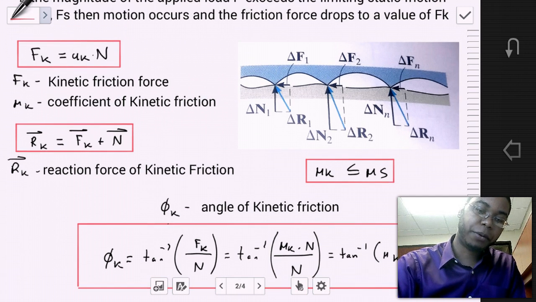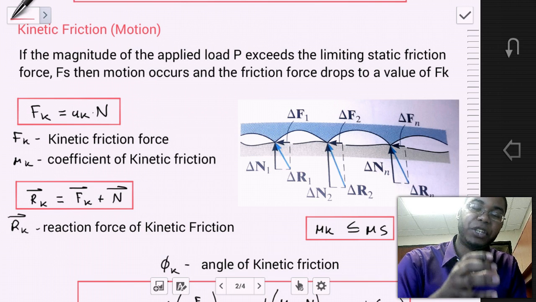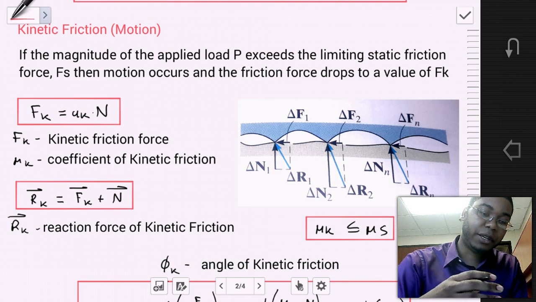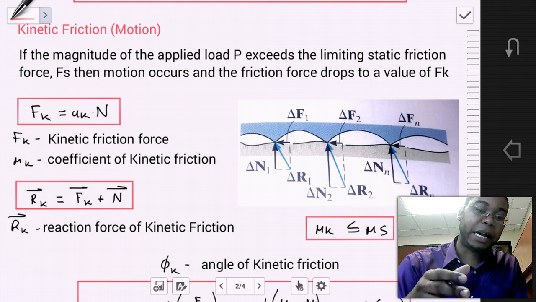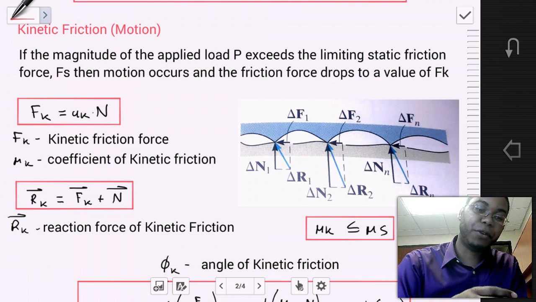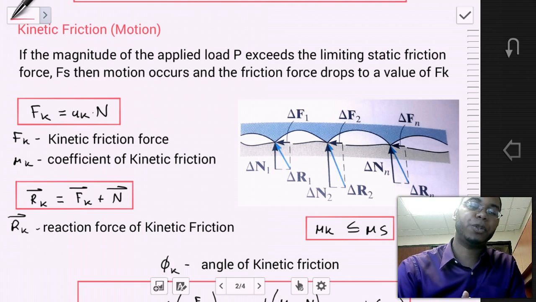Now, it's important to note that when we transition from static friction, where the frictional force is equal to the applied load, to kinetic friction, where the applied load is greater than the limiting static friction, we'll find that the value of the kinetic friction force is smaller than the limiting static friction force.